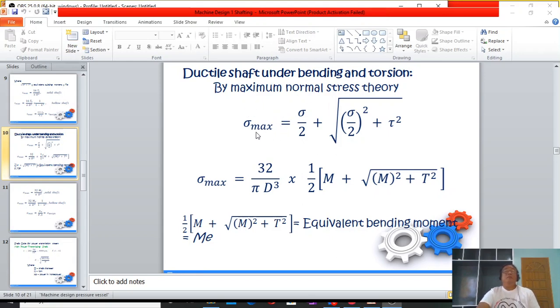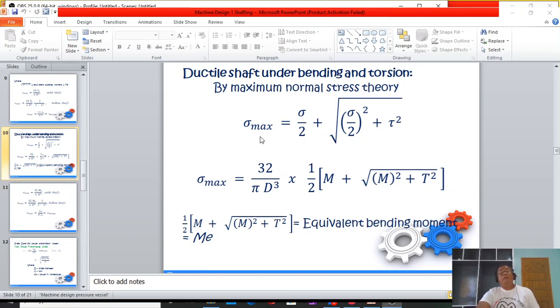Substituting again the equations sigma equals Mc over I and tau equals 16T over pi d cubed, the maximum normal stress becomes 32 over pi d cubed multiplied by the factor one half times (M plus the square root of M squared plus T squared).